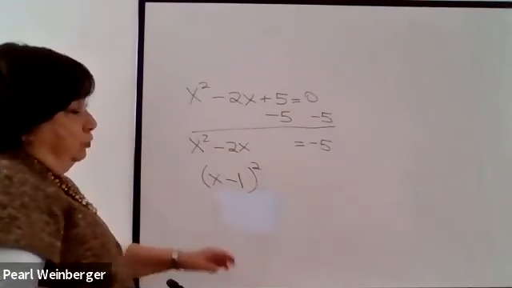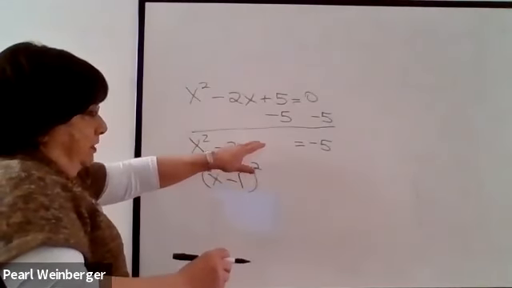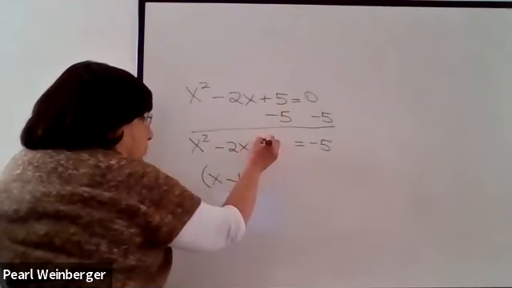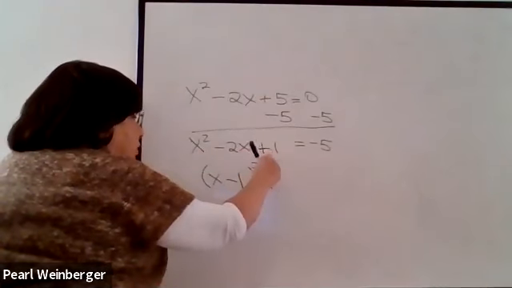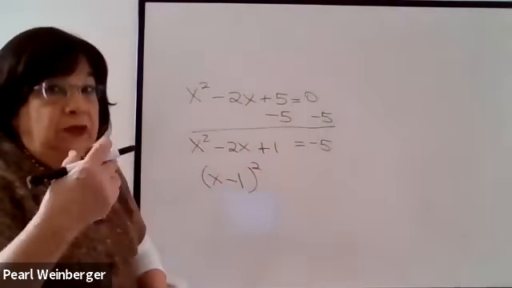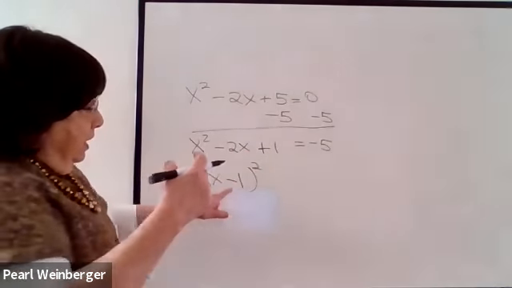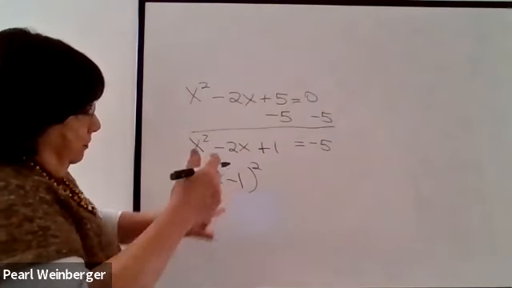Half of negative 2 is negative 1. So the missing number here is negative 1 squared, which is negative 1 times negative 1, which is plus 1. The number you're adding is always going to be a positive number because you're always multiplying that number by itself. So it'll always turn out to be positive, even if the number in the parentheses is negative.